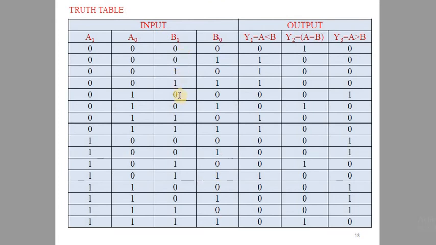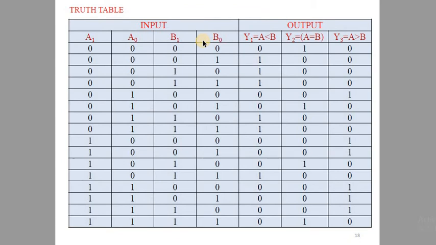B1 goes 00, 11, 00, 11, and so on. A0 is 4 times 0, 4 times 1, and so on. A1 is 8 times 0 and 8 times 1. These are the possible outcomes when the inputs are 4 variables.